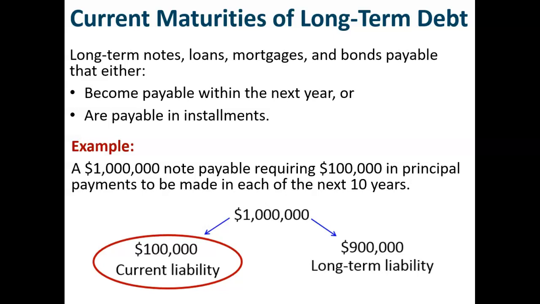The amount that is due in the following year is $100,000, and that needs to be classified as current liability. The remaining $900,000 will not be paid in the next year, and therefore should be classified as a long-term liability.